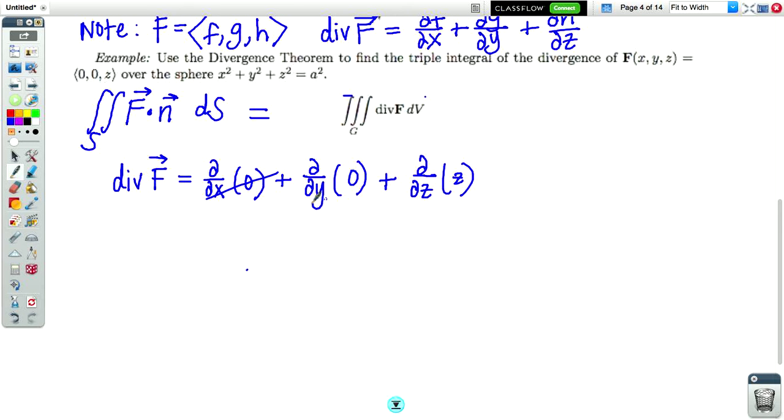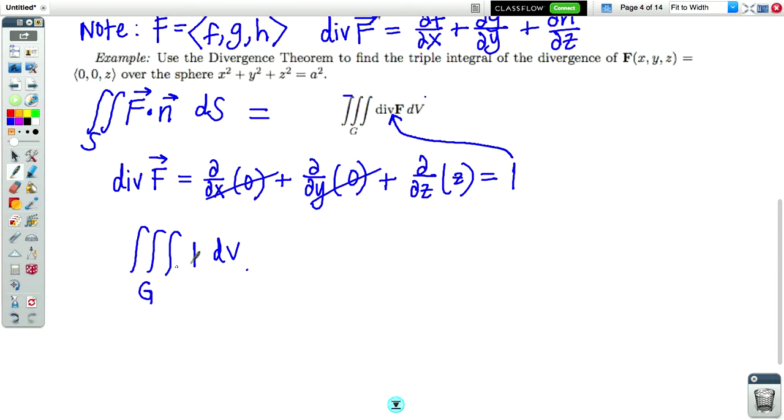Obviously these two don't mean anything to us, but the partial with respect to z of z is just 1. So here is our new integrand, and this goes here. You'll see this first example demonstrates how easy these examples can be. This triple integral just became kind of nothing. I don't even have to write this 1 here.